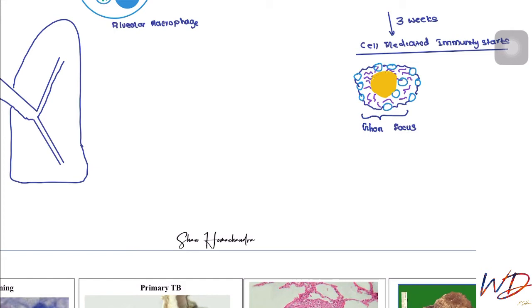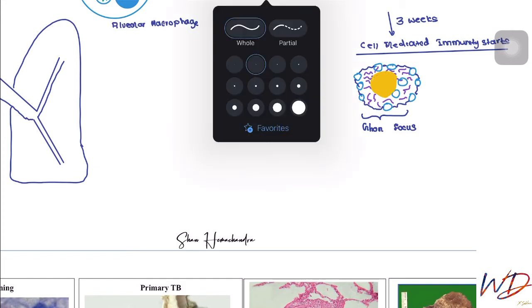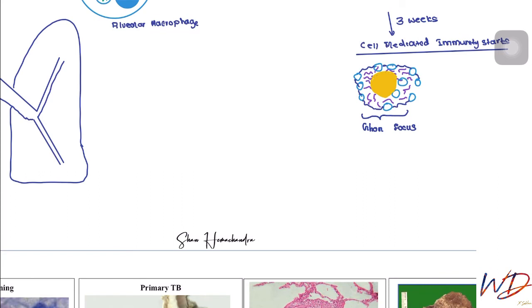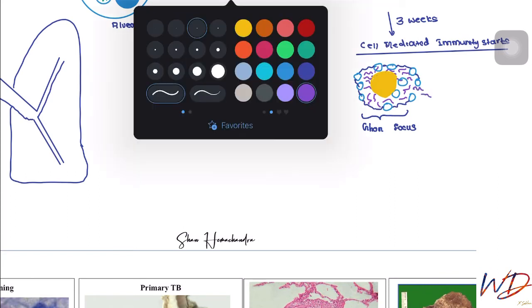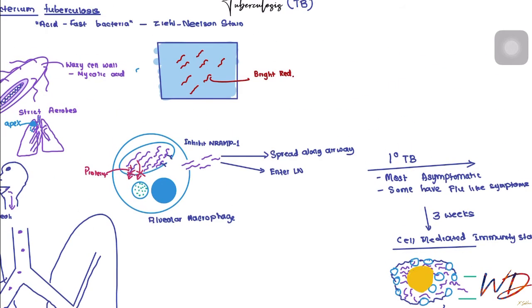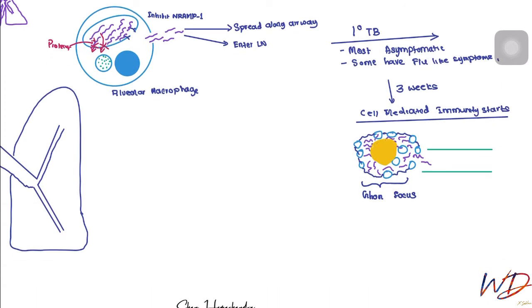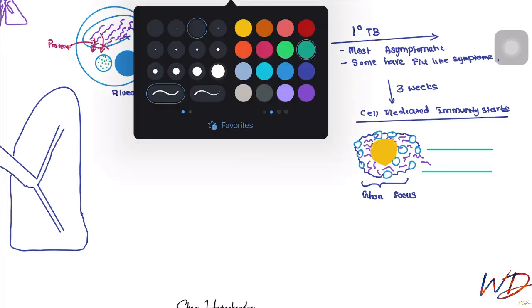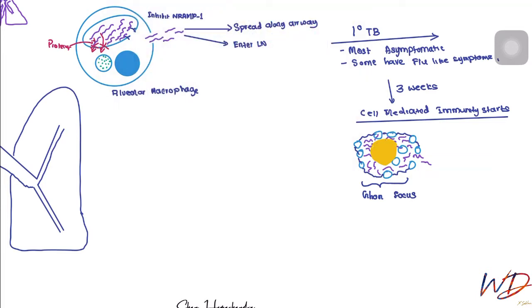Now, some of this bacteria may leak out and enter into the lymphatics. Like I said, it can either enter lymphatics or spread through airway. So they can leak out and enter into the lymphatics and go to a lymph node.